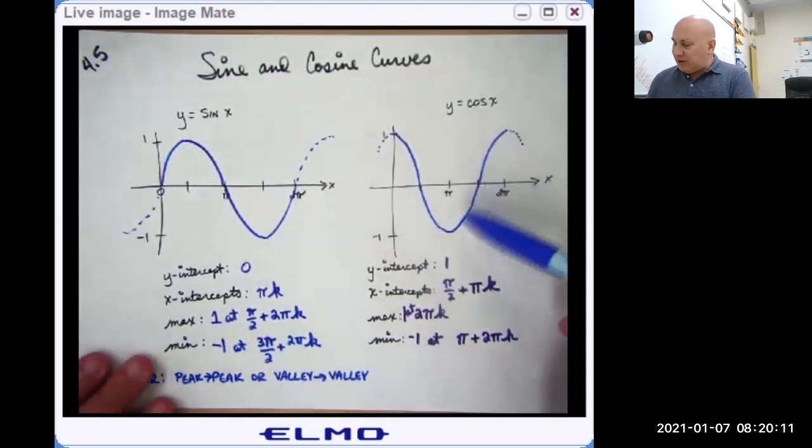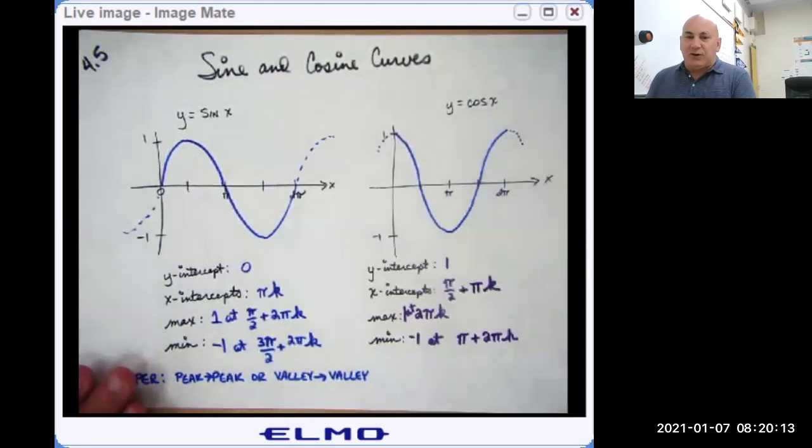A cosine curve, remember on the unit circle, over here at 0, the cosine is 1, because that's your x value. And as you go a fourth of the way through the circle, it goes 1 to 0 to -1 to 0, back up to 1.